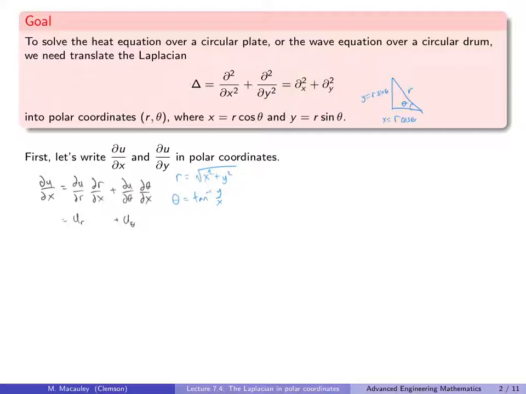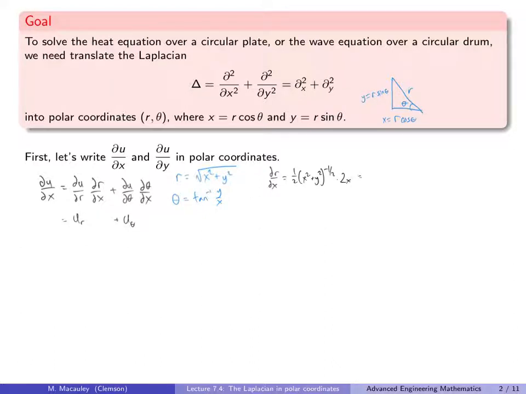Okay, so what is dr dx? Let's do that one next. dr dx is the derivative of this with respect to x. I'm going to do this quickly because, again, it's just calculus. It's 1/2 times (x squared plus y squared) to the minus 1/2, and by the chain rule, times 2x.